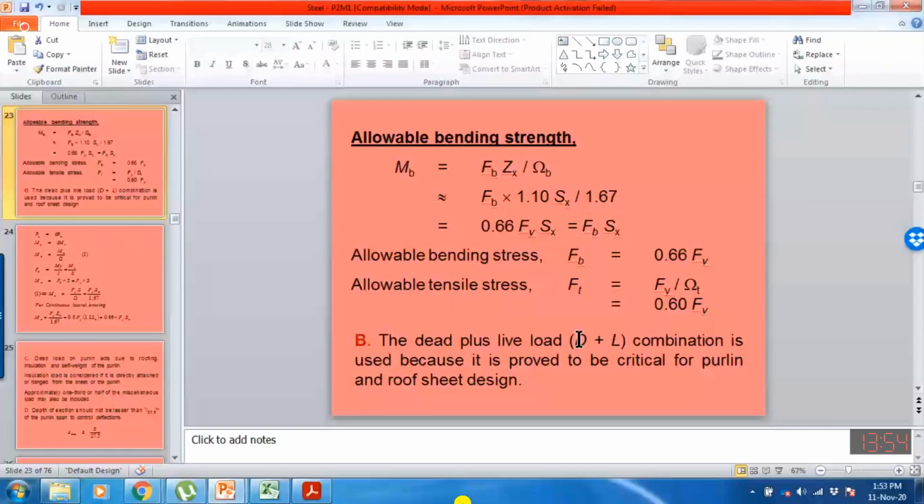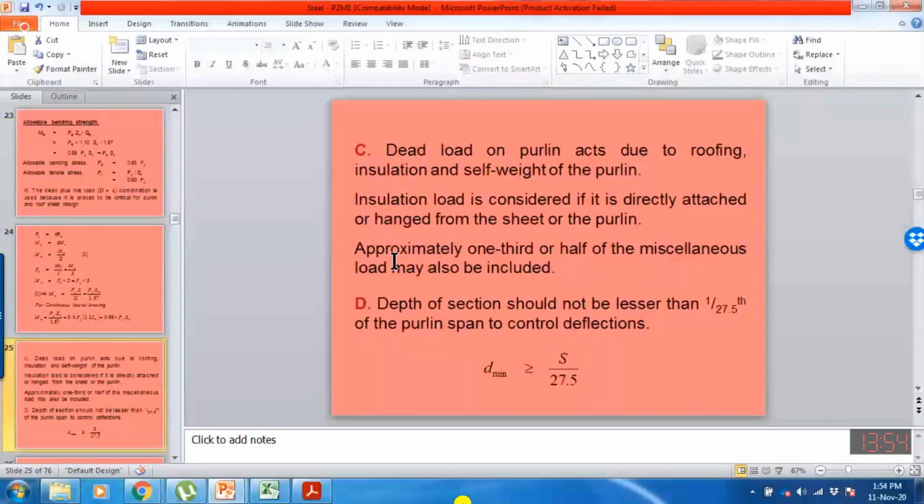What type of dead load acts on the purlin? It is the dead load which may act on the roof sheeting. The roof sheeting is connected with the purlin, so the purlin is supporting the roof sheeting, insulation panel, and also the bolts. It means that in order to compute the dead load on the purlin, we are not considering the self weight of the truss. Self weight of the truss is not acting on the purlin, because load is coming from the top direction and it is moving in the gravity direction.